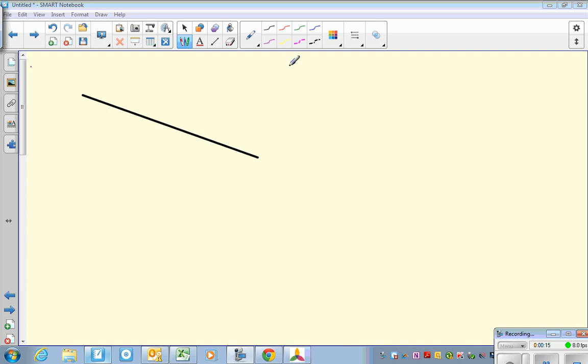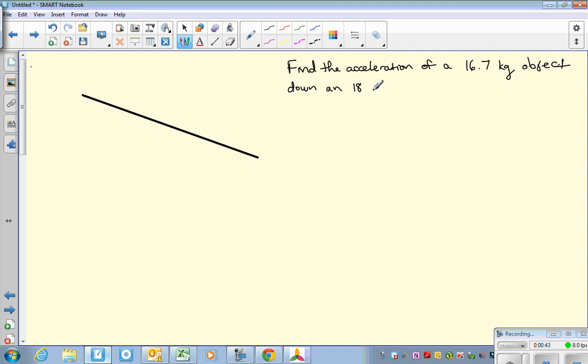And suppose this problem asks you to find the acceleration of a 16.7 kilogram object down an 18-degree incline where the coefficient of friction is 0.225.